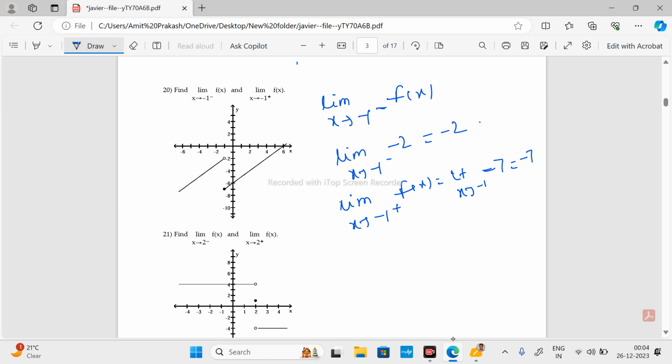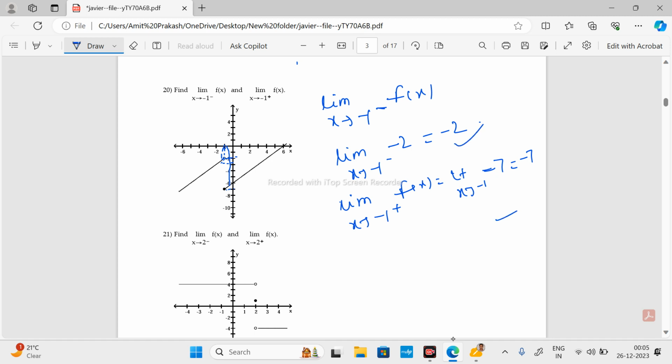So limit at right side of the minus 1 is minus 7 by graphical method. In the right side we are looking at minus 1's right portion, so this is the minus 7, and again on the left side, minus 1 minus, the graph is at minus 2, so this value is minus 2.